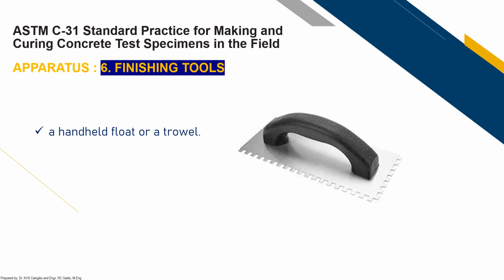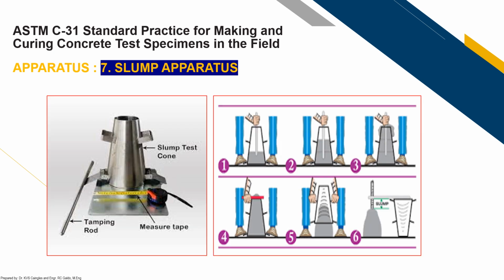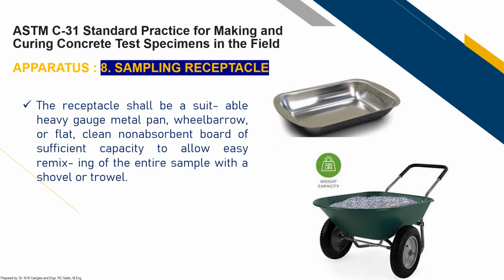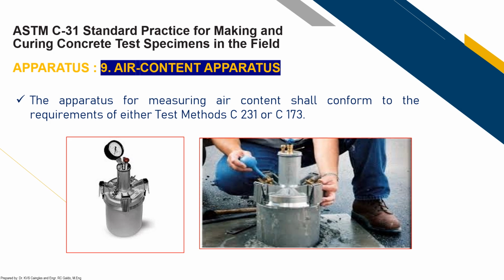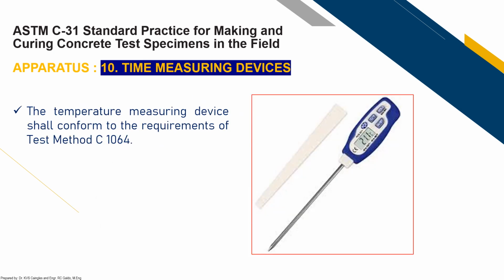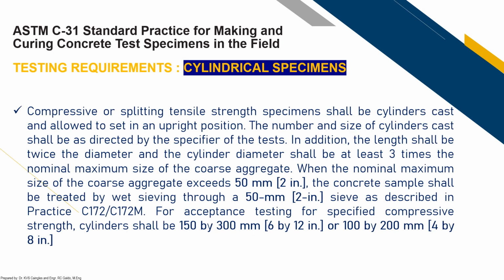You're also going to need finishing tools such as a float or a trowel, and of course the slump apparatus, and also sampling receptacles, which include your pan or a wheelbarrow. It's the same for air content apparatus and time measuring devices.